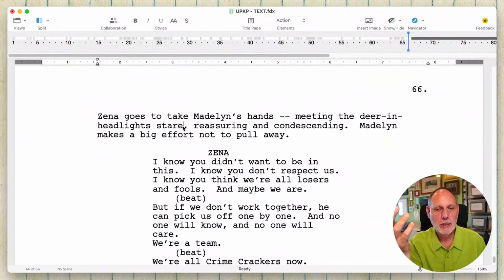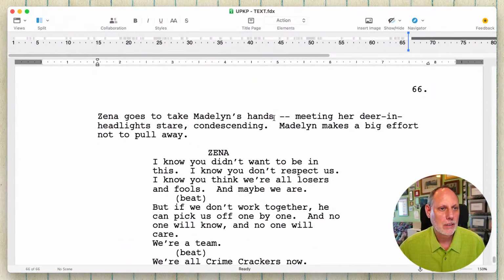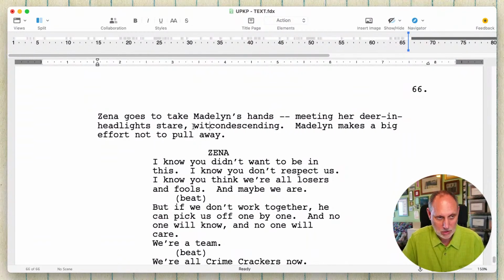Yeah, reassuring and condescending, because she is reassuring from a position of arrogant and incorrect superiority. With condescending gentleness.